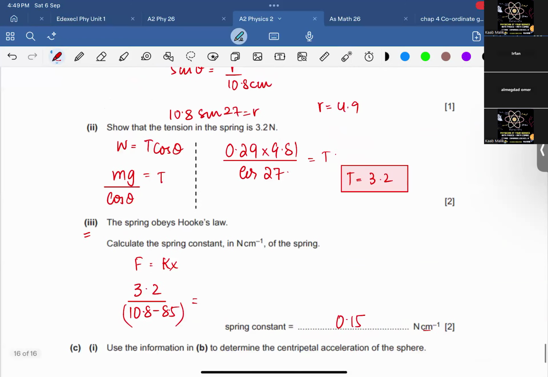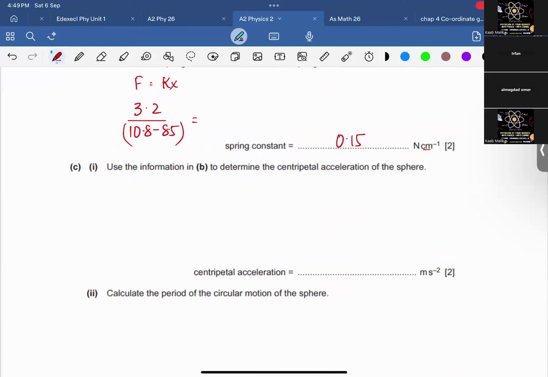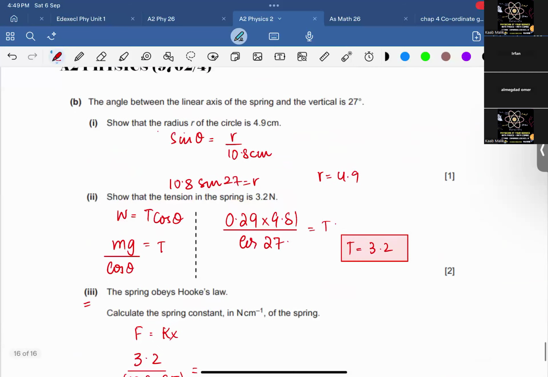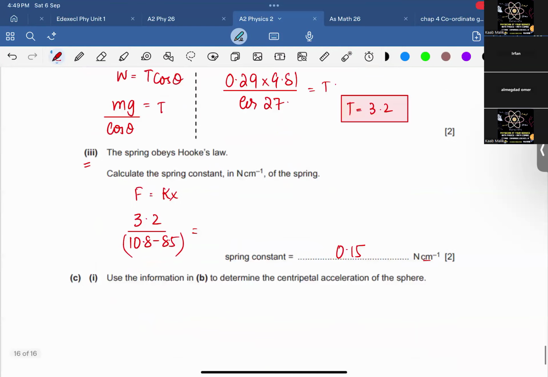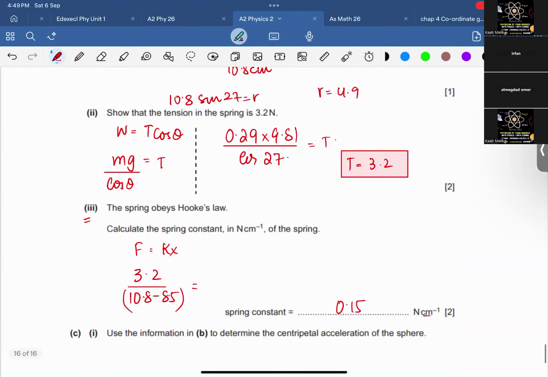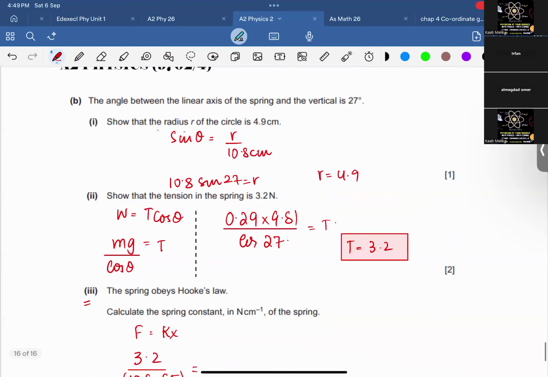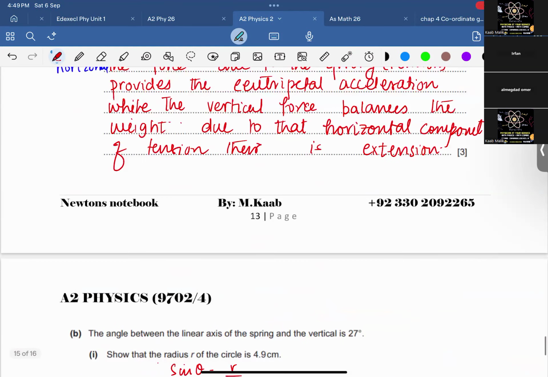In part B, to determine the centripetal acceleration, which formula can you use? We have the force and we have the angle. Do we have the velocity? We don't have it.